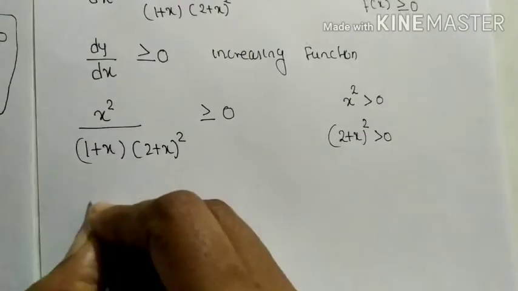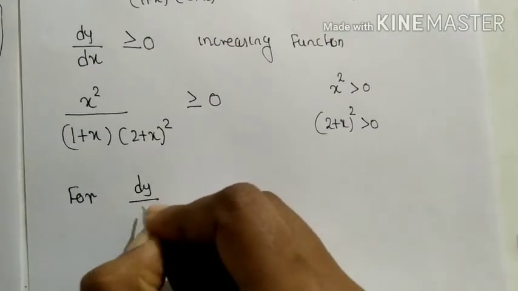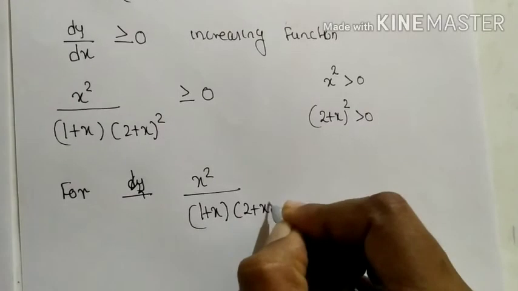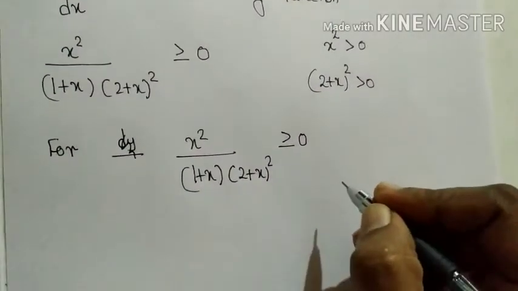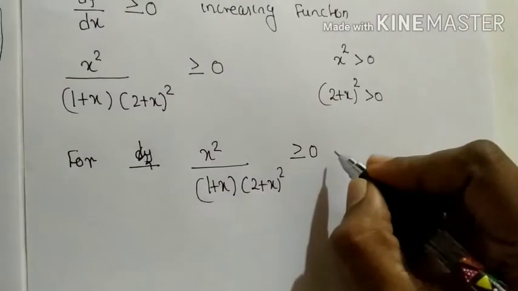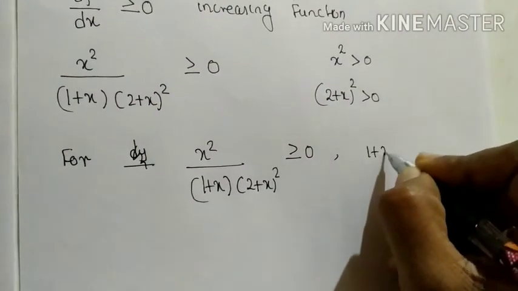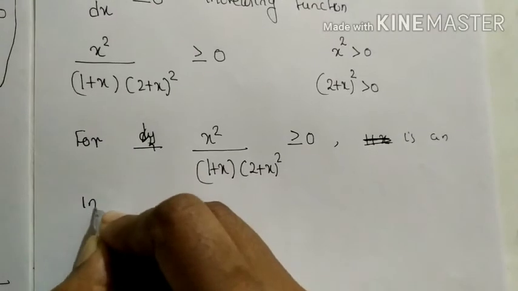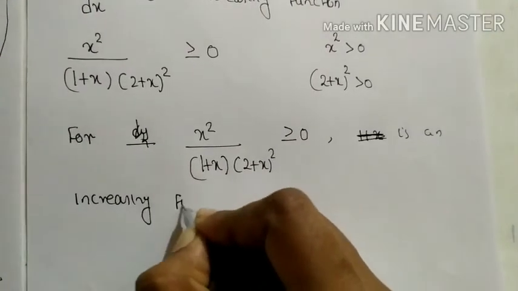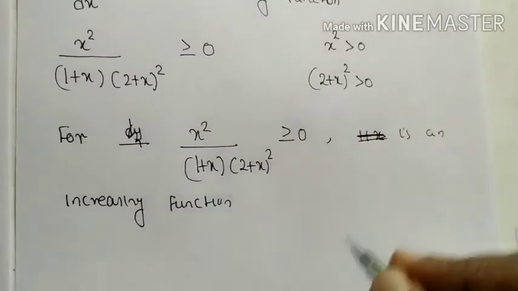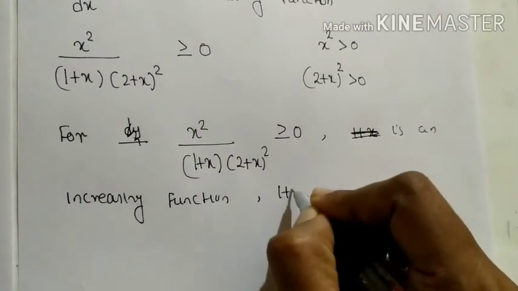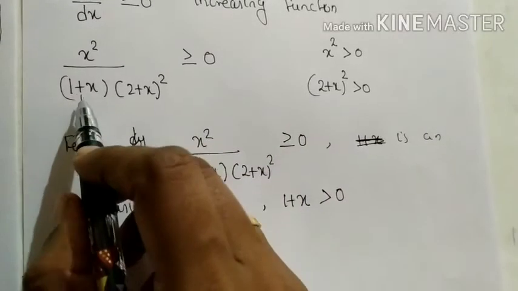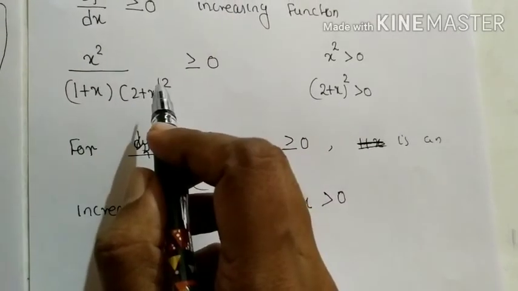So, for our derivative x square divided by (1 plus x) into (2 plus x) the whole square to be greater than or equal to 0, 1 plus x should be greater than 0. It cannot be negative.